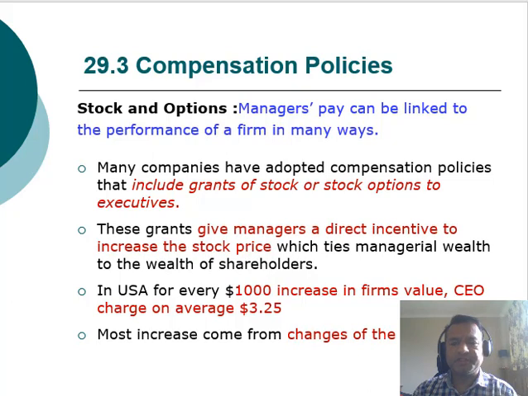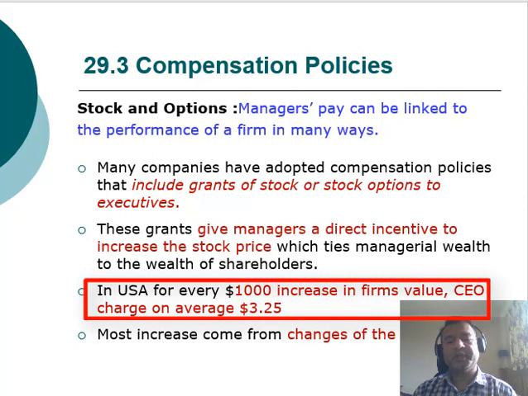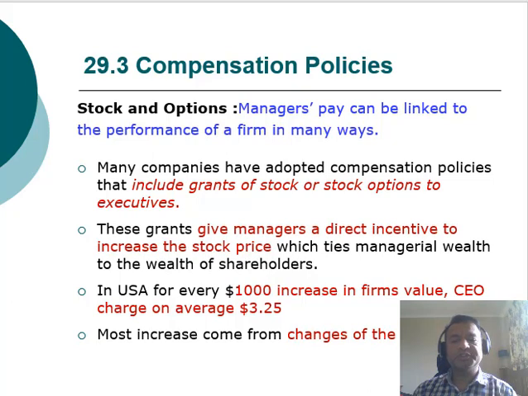This grant gives managers a direct incentive to increase the stock price, which ties managerial wealth to the wealth of the shareholders. In the USA, for every $1,000 increase in the firm's value, CEO wealth rises on average $3.25, and most of the increase comes from changes in the stock value.